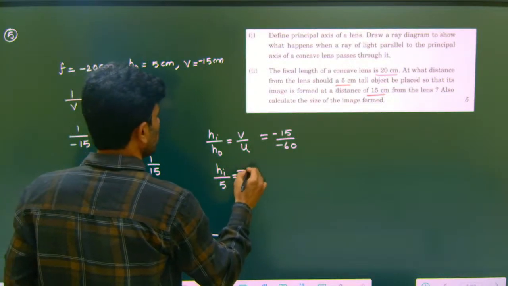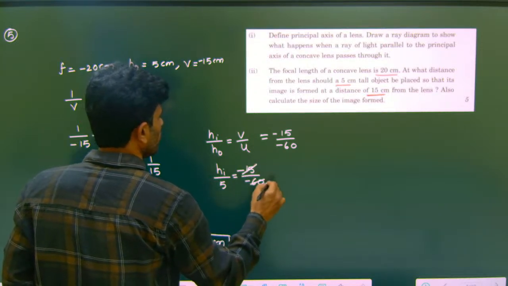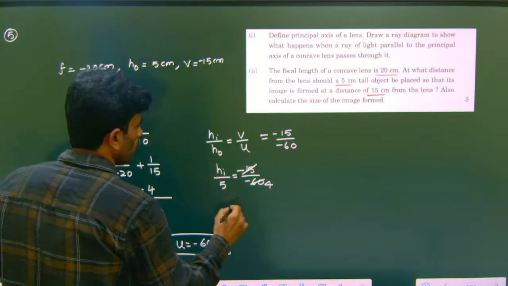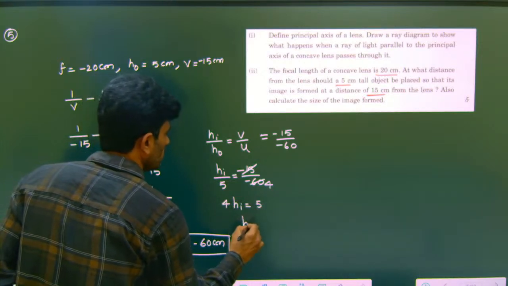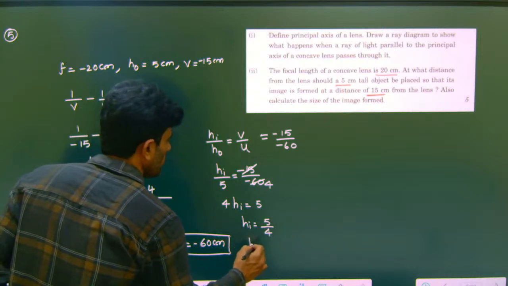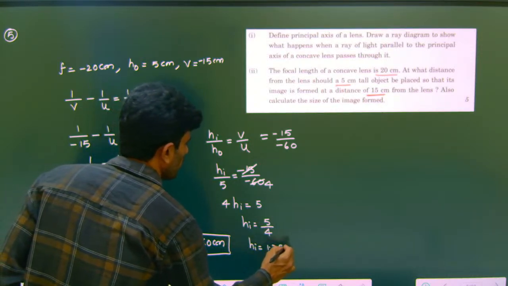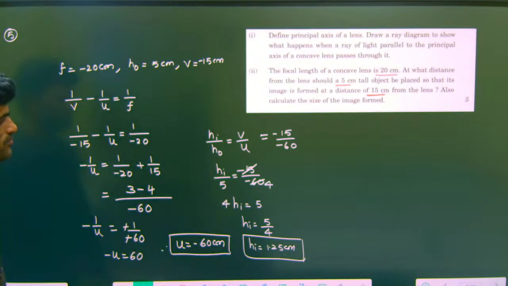So here we are writing minus 15 by minus 60. So 4 HI is equal to 5. Then HI is equal to 5 by 4, which is 1.25 centimeters. This is the height of the image.